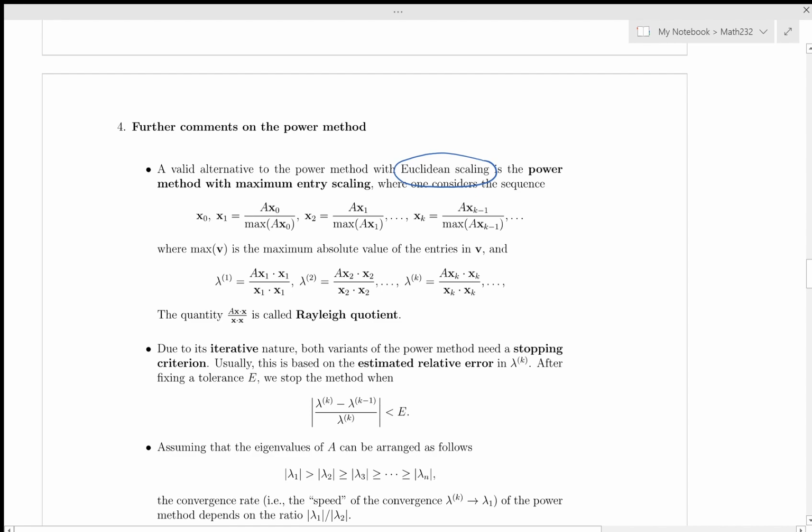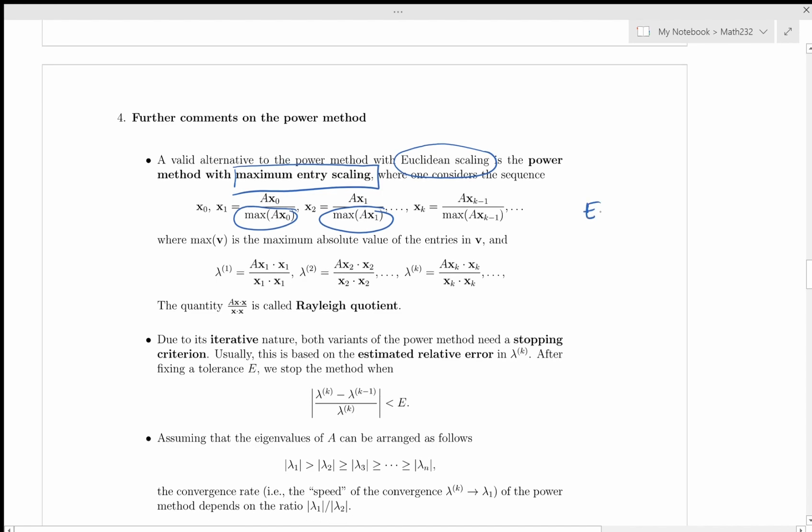So one way of doing that is the maximum entry scaling. That's the only thing that's different here. The whole procedure is the same, except rather than scaling by the norm in the denominator, you're scaling by the maximum entry. So let's just do an example so we understand what the maximum entry is. It's not too confusing.